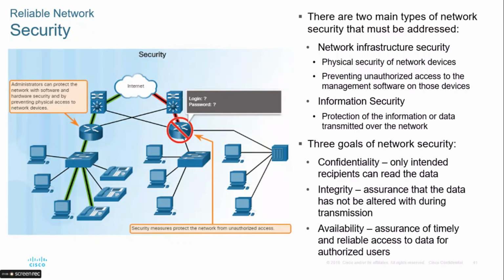Security. How can you achieve security in your network? You start security from the infrastructure standpoint of the network. Then physical security. You ensure that the data center is situated in a location that is far from commotion. You also prevent unauthorized access to the management software on those devices.